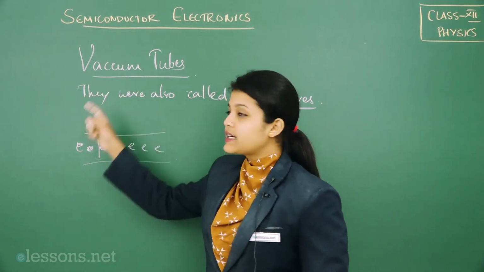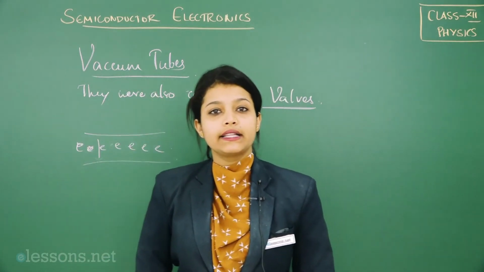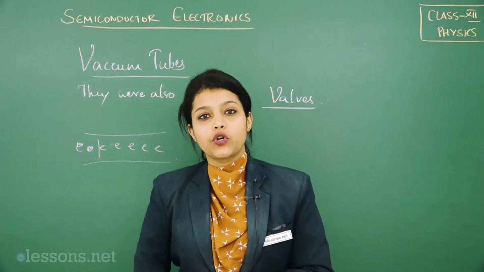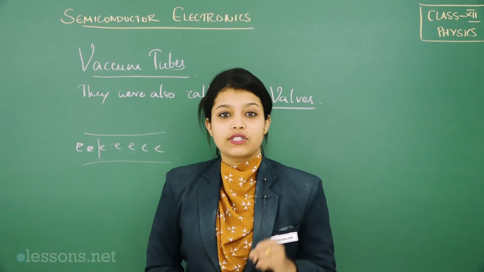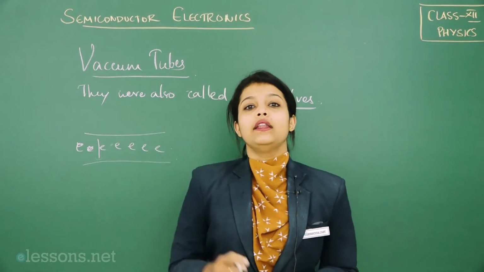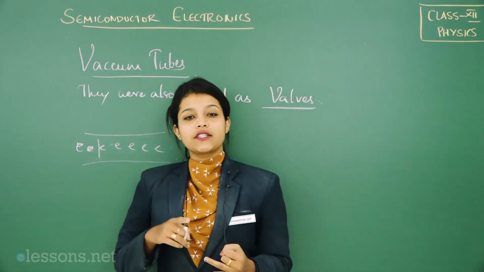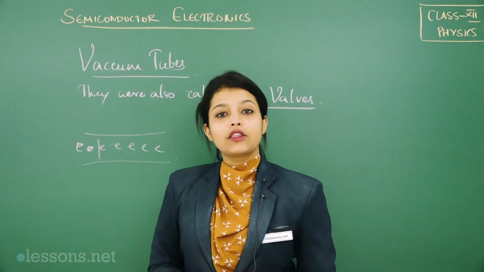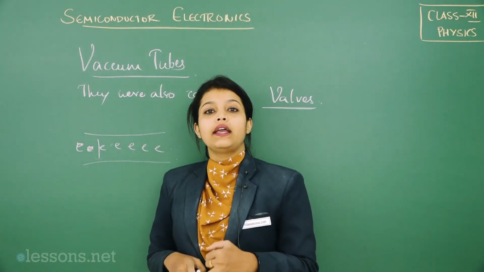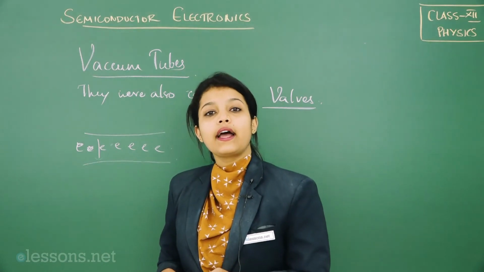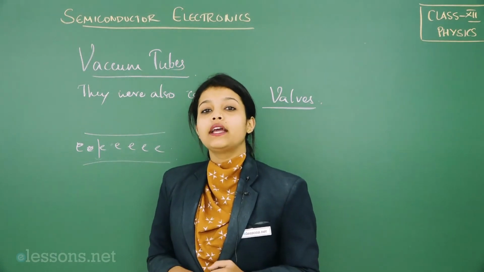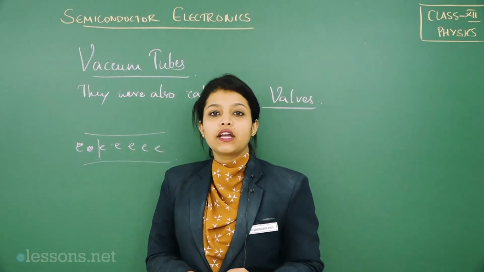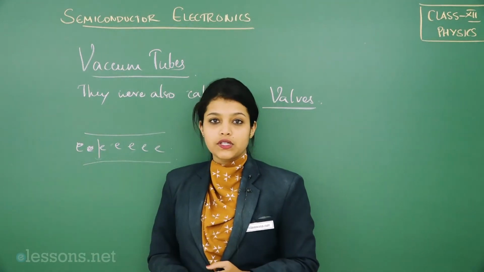As a process that has been explained to you regarding the vacuum tubes, that is that it contains two electrodes, it means that it was bulky. Now, for the supply of electrons, the cathode had to be heated up, right? The heated cathode was used to supply the electrons required in the vacuum tubes.